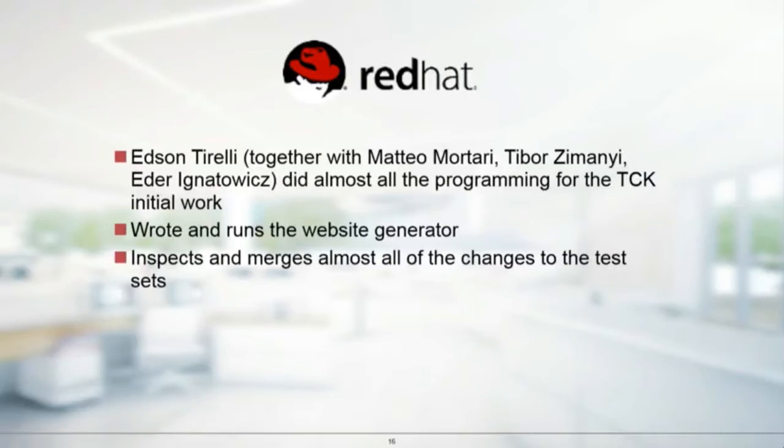Bruce was very active in the beginning, and then Edson also programmed that nice website that you've got there. Now, I took these names from people who had committed to the repository, so Matteo and Tibor and Eder, and there may have been other people at Red Hat who worked on this, so I don't really know, but it's important to note that's a tremendous effort there to make this all work.